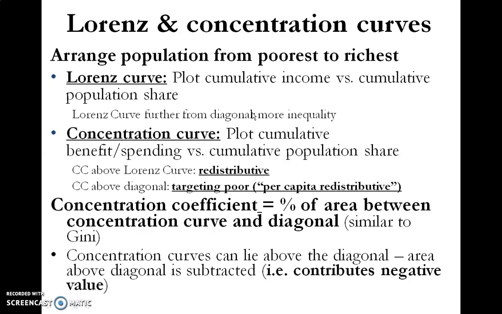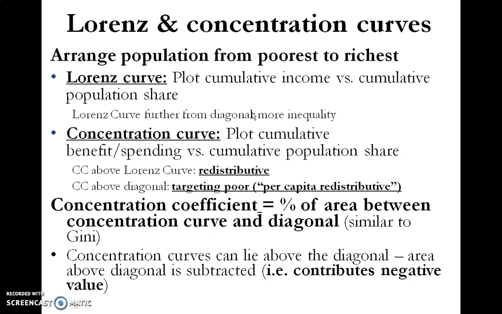However, it is rather weak. When we consider concentration curves that lie above the diagonal line of equality, we consider that the intervention that led to that was very well targeted at the poor, and we would call that per capita redistributive.